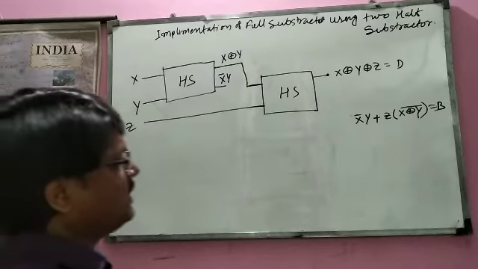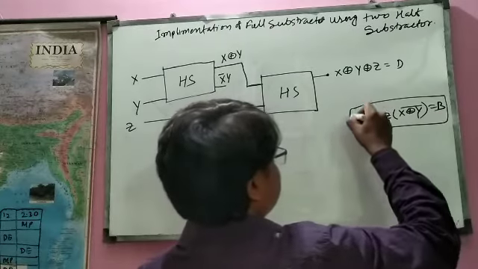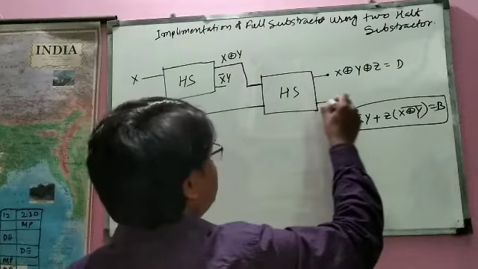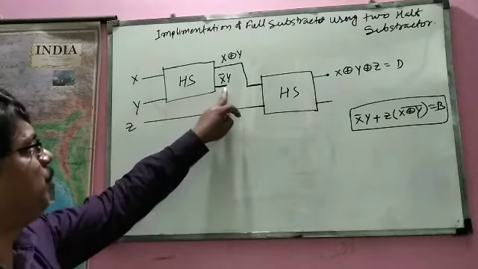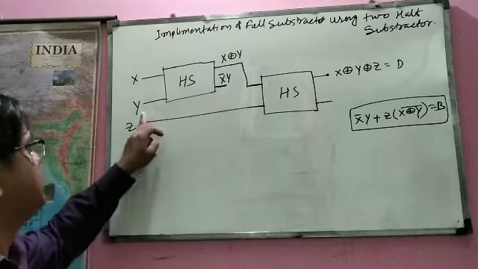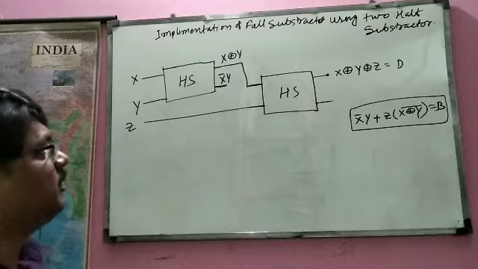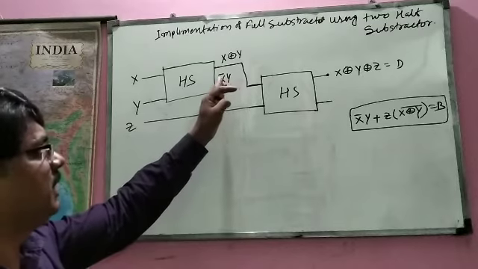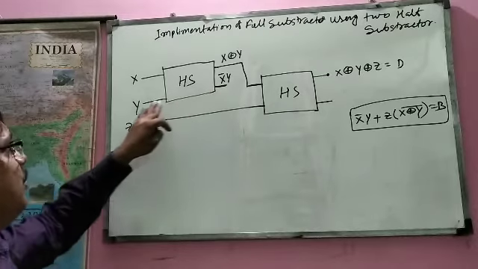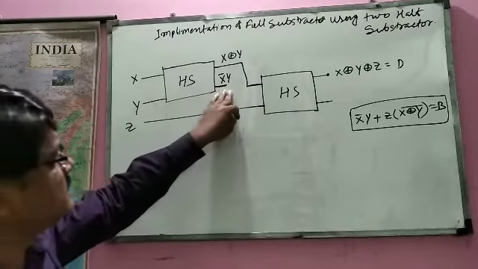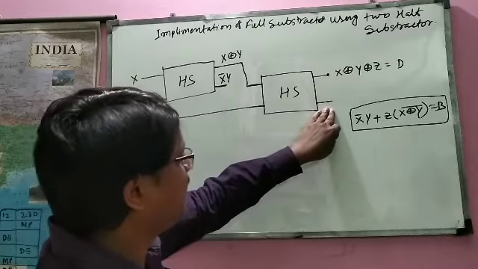So see, what is the value of borrow, and what is the value here, and what is the value here? Okay, so the output of the first subtractor is x XOR y, and the output borrow of the first subtractor is x bar y, and what will be the borrow of the second?